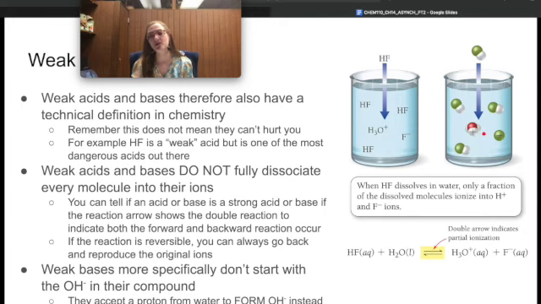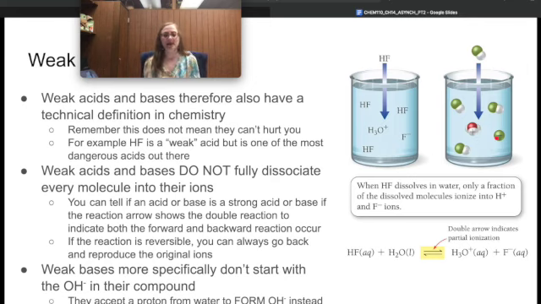So when we put it in solution, we see that we still have those original HF molecules, and we do have a couple of H3O+ and F- ions as well. So it does break apart a bit, but it does not fully break apart every single molecule, and that's why it's considered to be a weak acid or base.